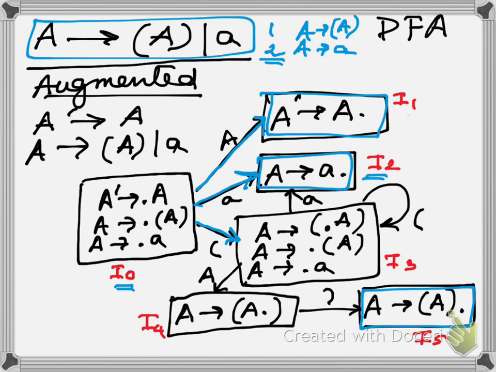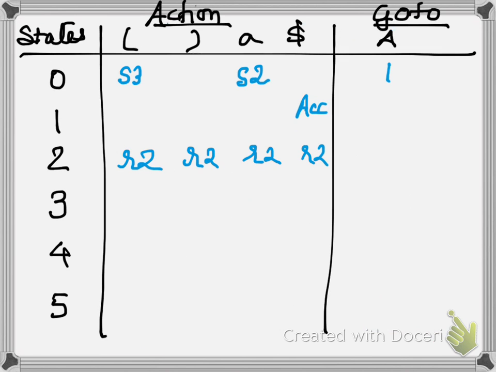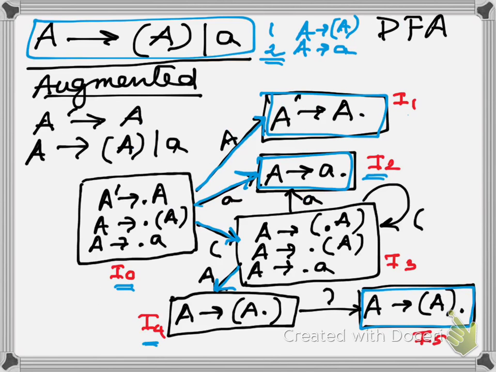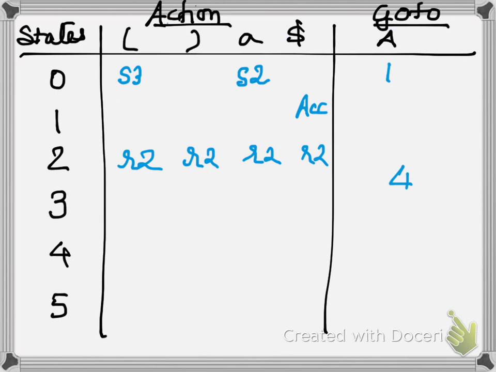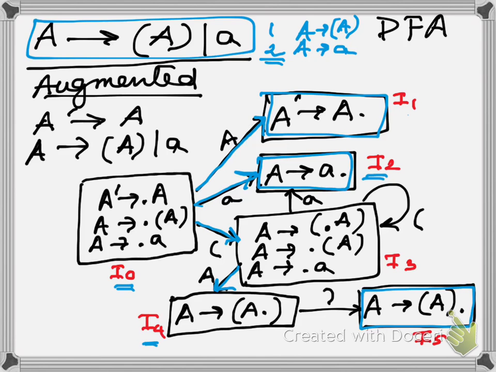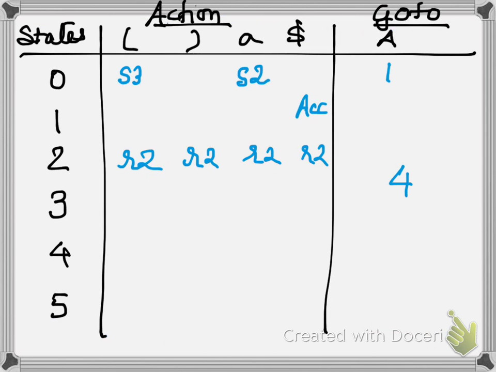Next, we are in state I3. Now in I3 we have three transitions. One on capital A moves to state I4. So we will write in the go to section for state 3, on A it goes to state 4. So 3, you will say go to 4. What about the other transitions? On A it goes to I2, so shift 2.